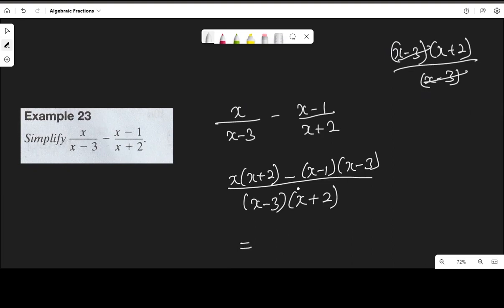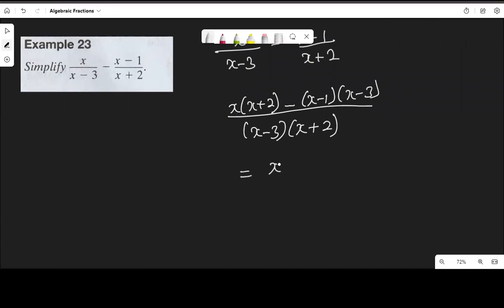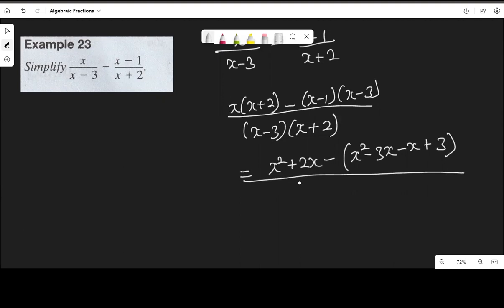So when we distribute the first expression, x times x is x squared, x times 2 is 2x, minus, when we expand or FOIL this, x times x is x squared again, x times negative 3 is negative 3x, negative 1 times x is negative x, then negative 1 times negative 3 is 3, all over x minus 3 and x plus 2.